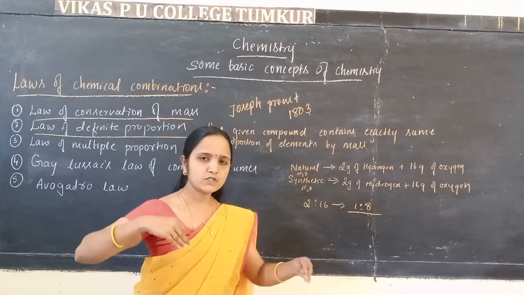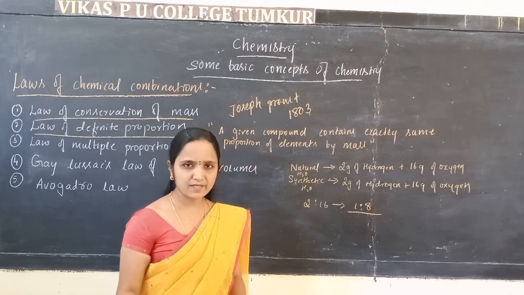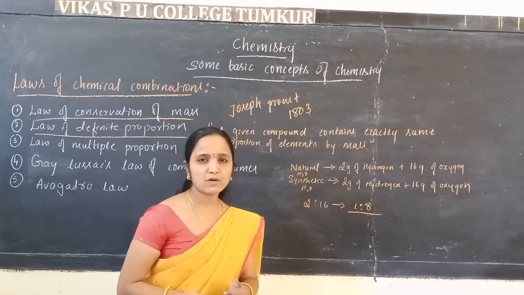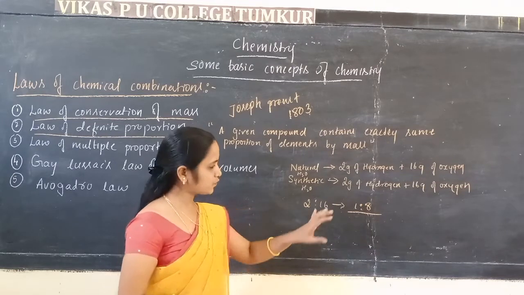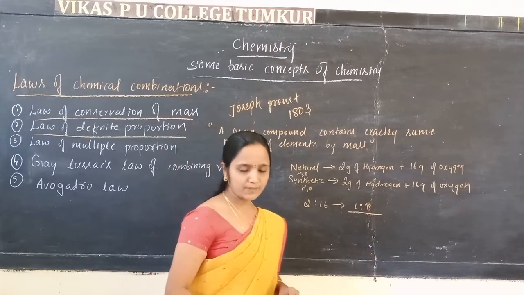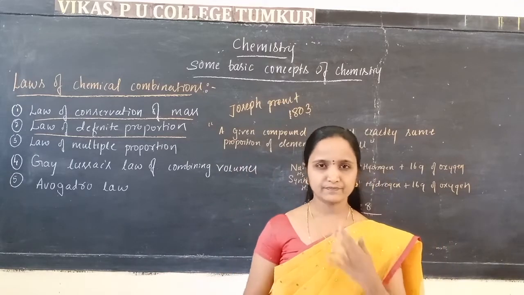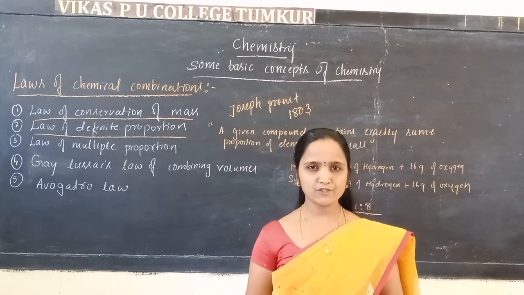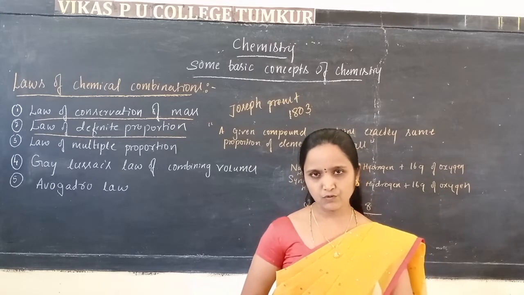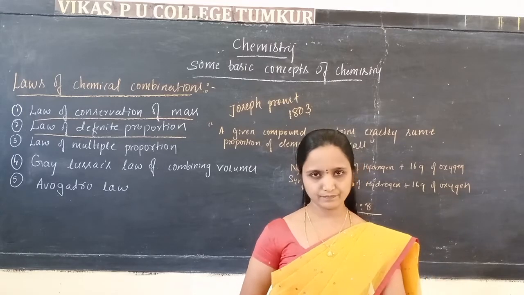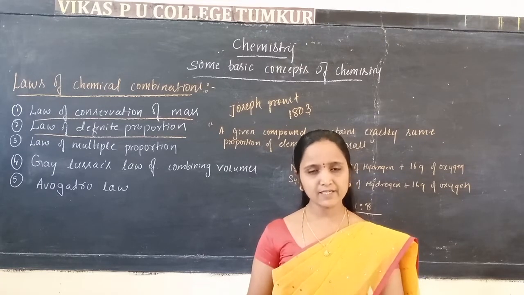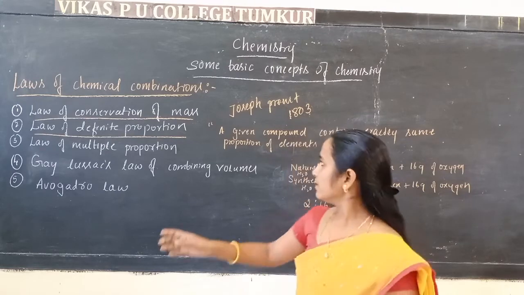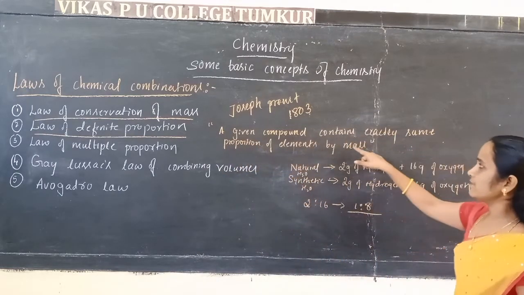The source may vary in the formation of that compound. We may get the compound from any source, but it has definite proportions. The same proportion is there. Suppose water from a lake has one ratio and water from the ocean has another proportion; it is not like that. Water always contains exactly the same proportion of elements by mass.